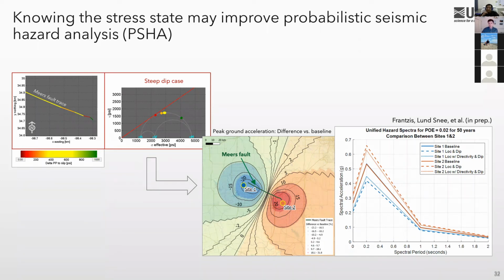You might not want to inject anywhere near those ones, but there are other faults that might have very low sensitivity to fluid pressure, and so those would be fine. Beyond understanding the stress information, there are a number of other important frameworks for estimating hazard and risk associated with induced seismicity. I didn't get into any of those here.